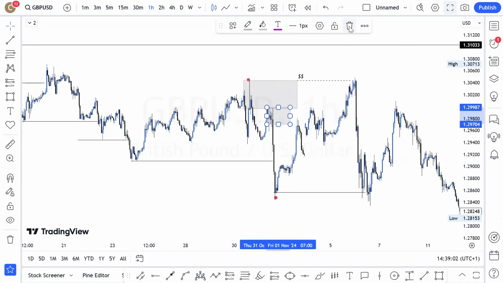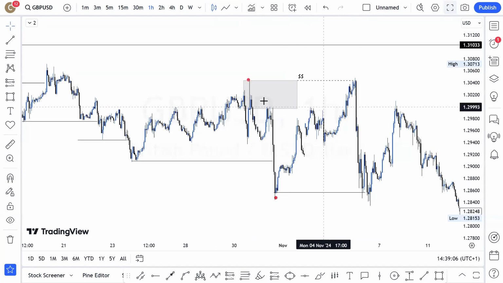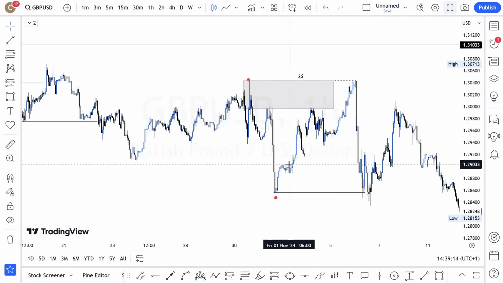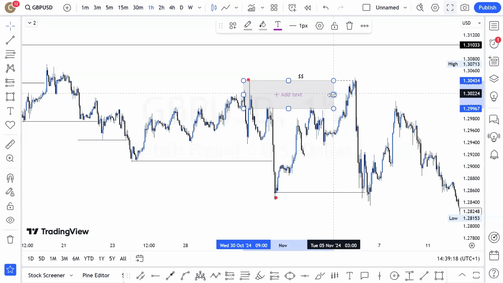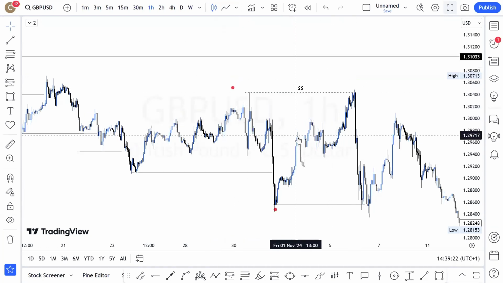Definitely, we're going to take this one out. As long as the market is still within this range and hasn't closed above here, we are going to be looking for reasons to sell. Now look at where external liquidity was taken here. When price came back here, you see how it swept this high. Let me take this out so you can see it very well.